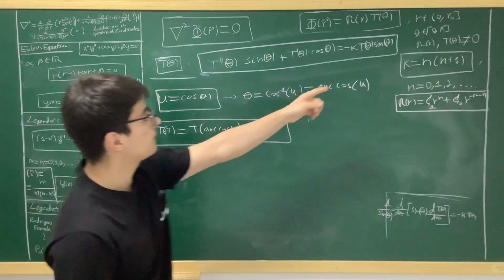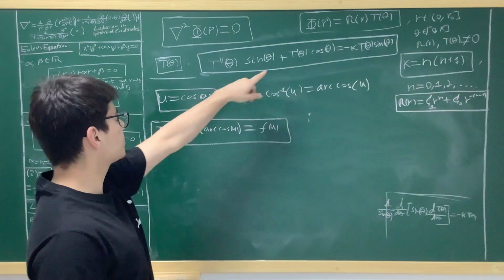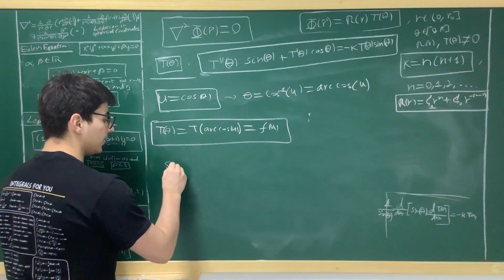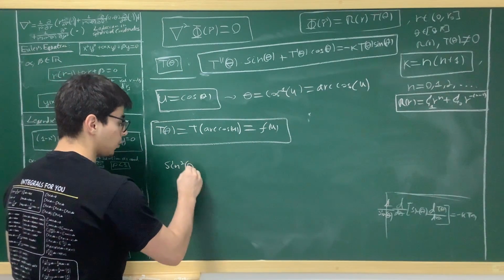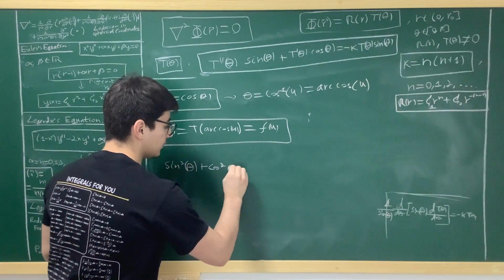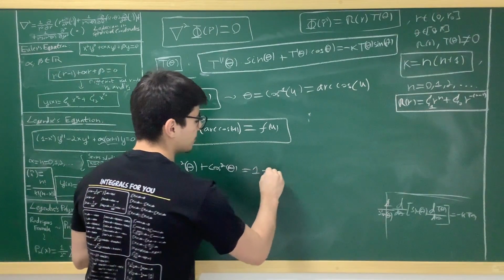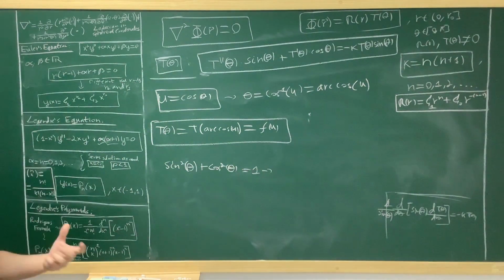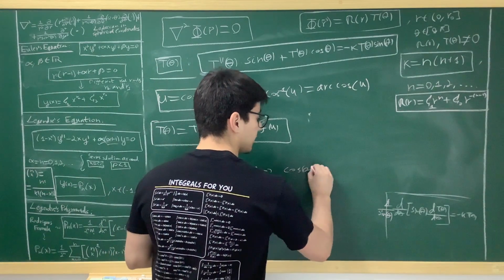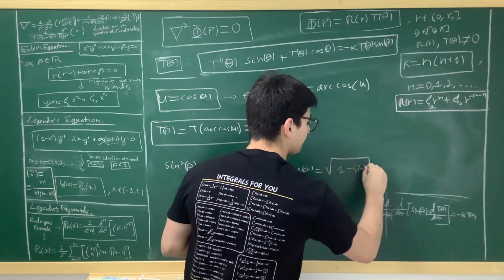What's next? Well, we have T of theta, we have the cosine, we don't have the sine. How do we find the sine? Well, from the fundamental equation of trigonometry, we know that the cosine squared plus the sine squared is just 1. This is just the Pythagorean theorem on the unit circle, but we see that the sine of theta is just the square root of 1 minus the cosine squared of theta.